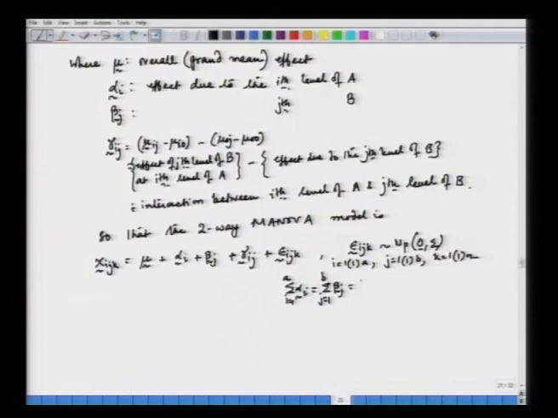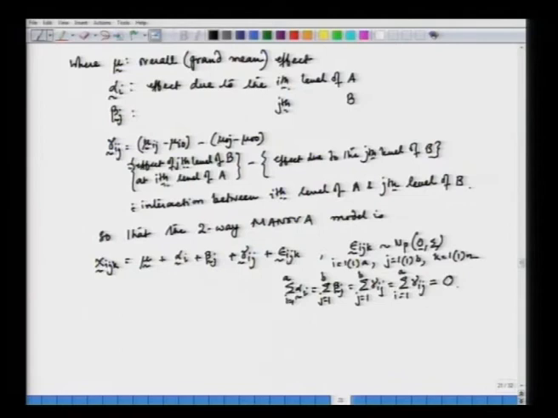This is also equal to the sum of gamma ij, keeping i fixed and taking the sum over j from 1 to b, or considering the other type of sum of gamma ij. By their definition, if you check, it is very easy to do so. You take the summation keeping j fixed and consider the sum over i from 1 to a. All of these are equal to 0.